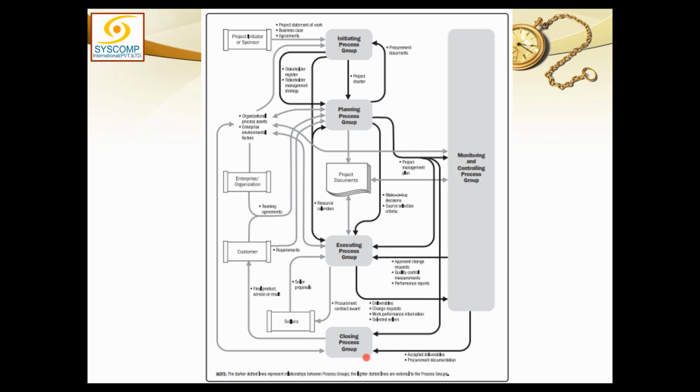If that is proven, closing will hand over the final product to the customer, and everything else in the shape of documents or assets will be handed over back to the organization.